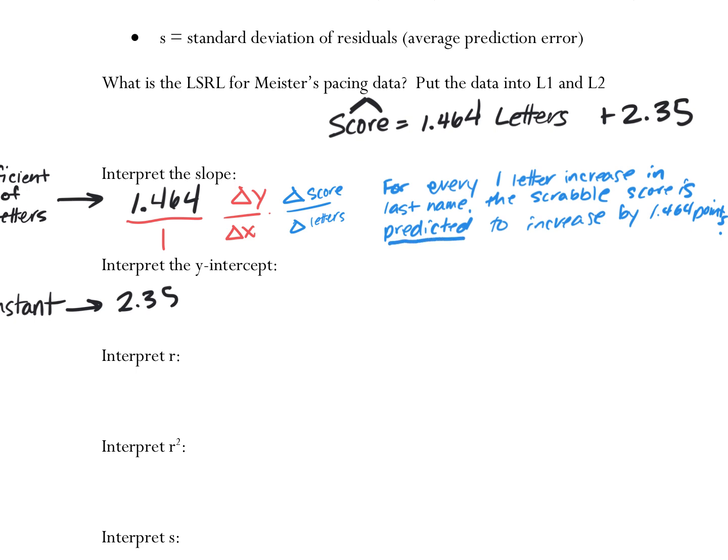It's important that you use that word predicted, because it's not actually going to go up by 1.464. You use the word predicted the same way we don't say something is normal, we say it is approximately normal or approximately symmetric. The same idea, we try to use non-deterministic language.